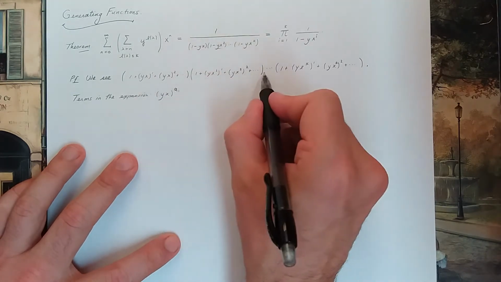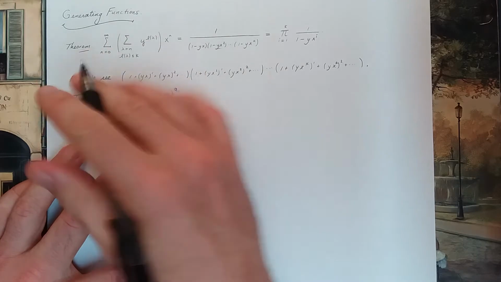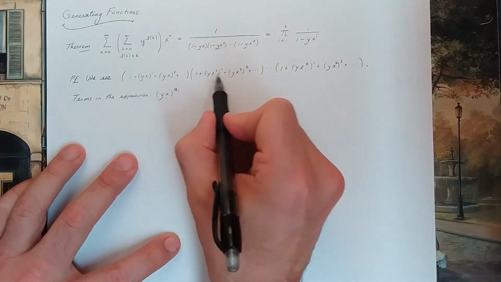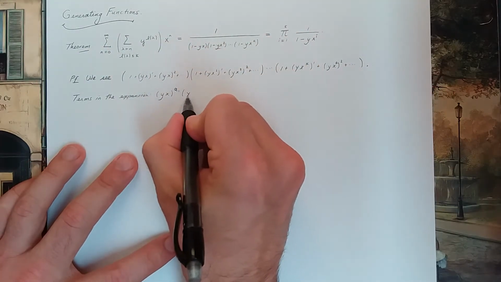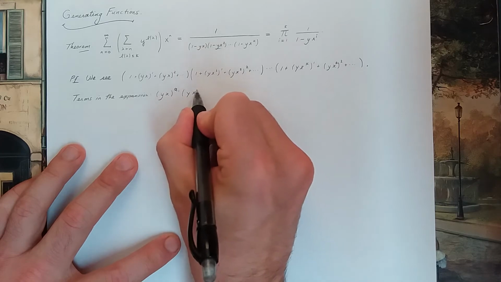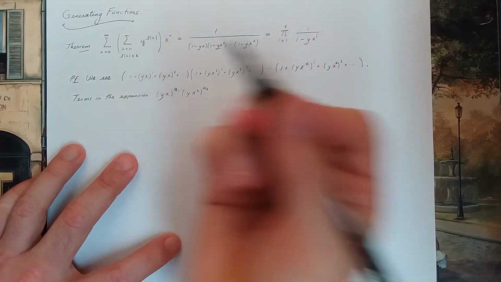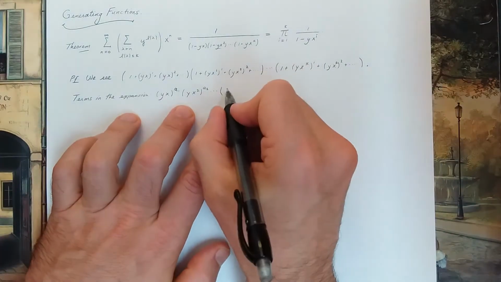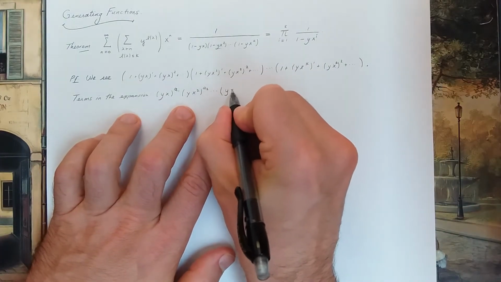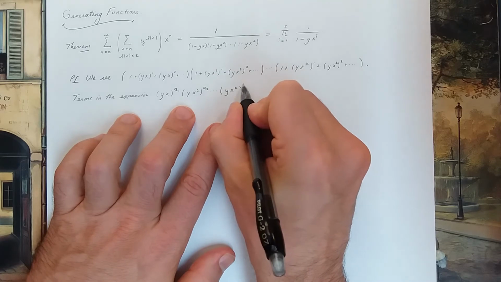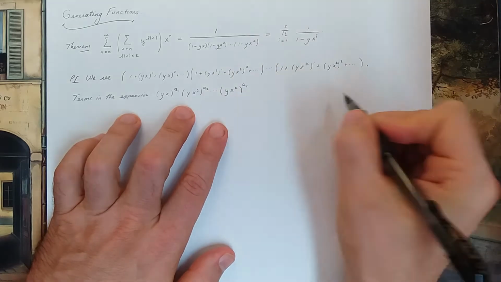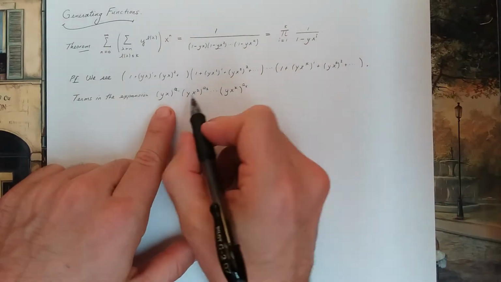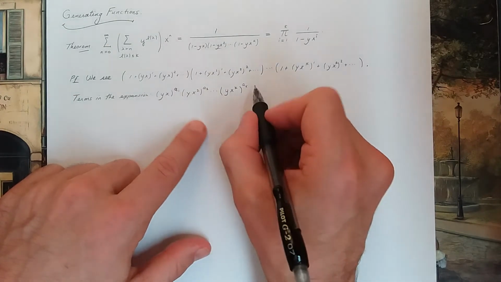This second parentheses, when I expand everything out, will give me a term of the form yx squared to the a2 power. And I get everything until the last term, which would be some power of yx to the k. So these are the terms in the expansion.